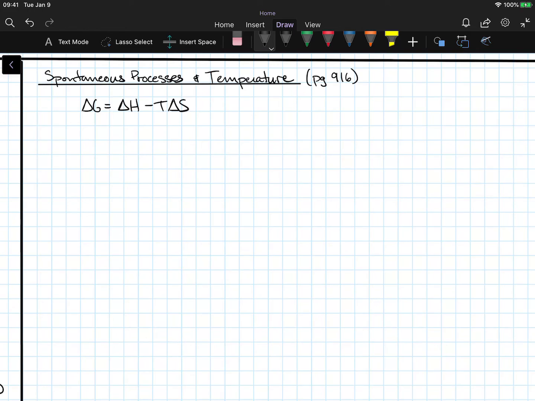So we're going to look at that in a little more detail, talking about 4 different cases of how temperature affects the Gibbs energy change. The first case is that some reactions are spontaneous at all temperatures.